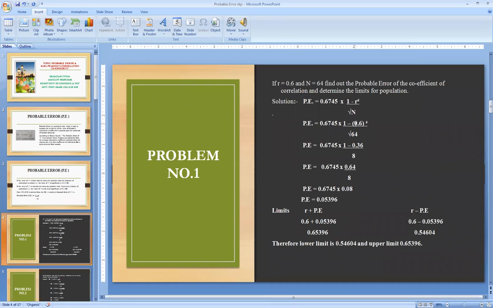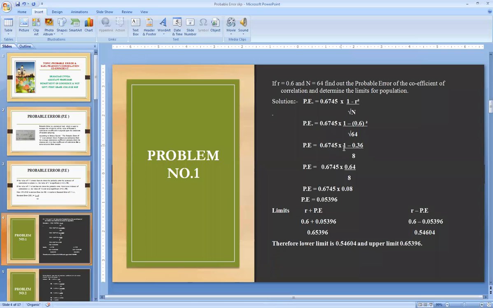So substitute 0.6 in the place of r, r square is 0.6 square, divided by root 64, since n is 64. Then PE equals 0.6745 into 1 minus 0.6 into 0.6, the value will be 0.36, divided by the square root of 64, which is 8.